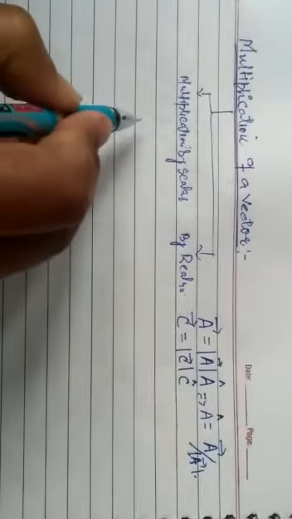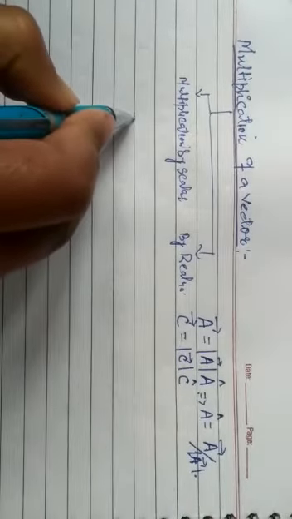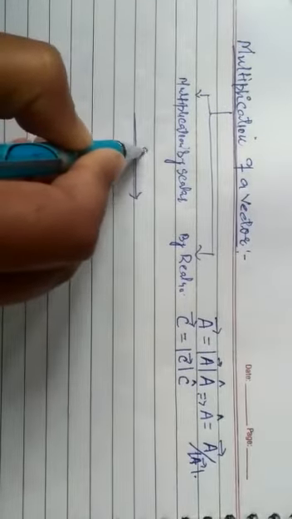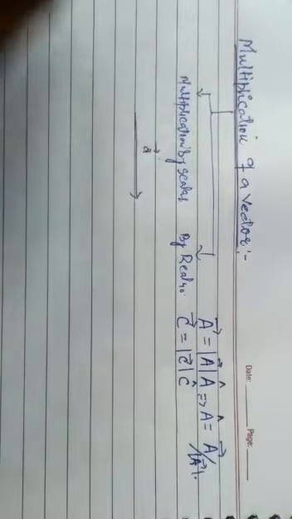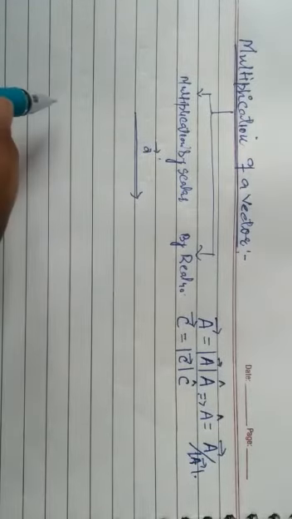Let's suppose we are going to multiply a vector. Let this be some vector A. Its length is its magnitude, and this arrowhead shows the direction.